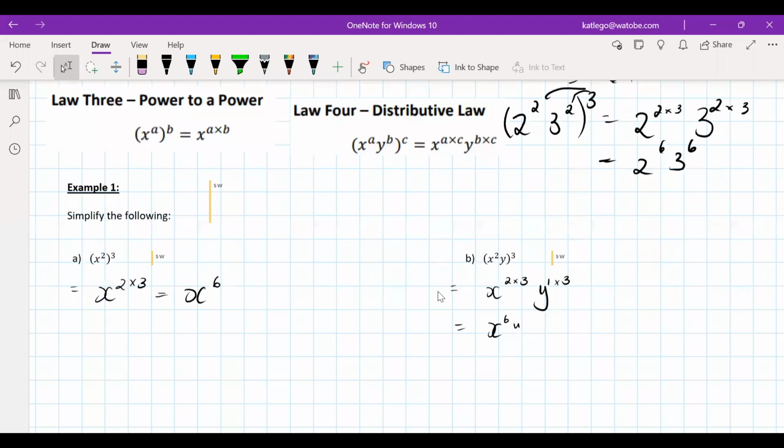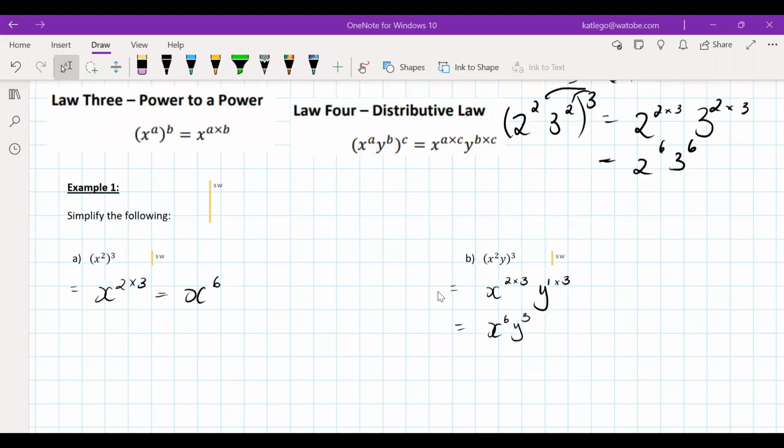And y, which is 1 times 3, which will be 3. Thank you very much. Okay, I think now that we are applying it, it's becoming a little bit easier.